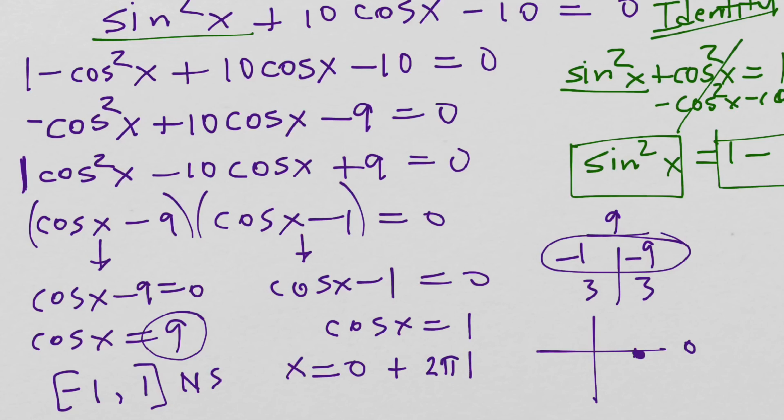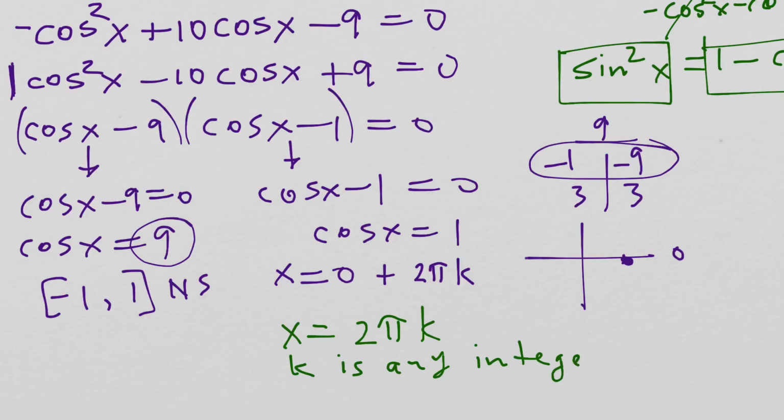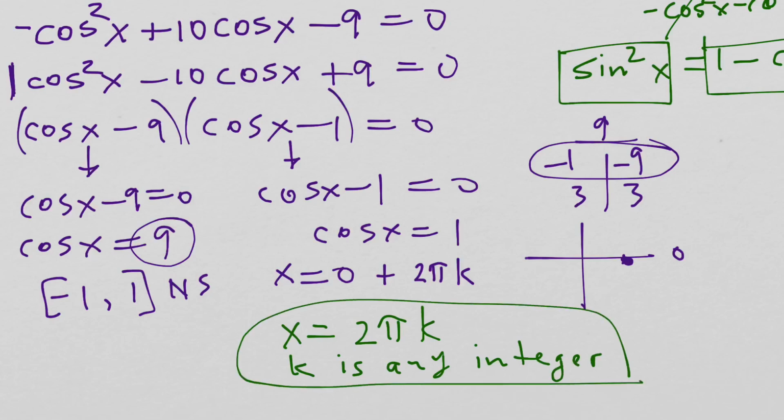So those are multiples of 2 pi, because you have to go 2 pi, 2 pi, 2 pi, or the other way, in order to hit back on that dot again. So all of your solutions are going to be x is equal to 2 pi times k, where k is any integer. This will be your solution.